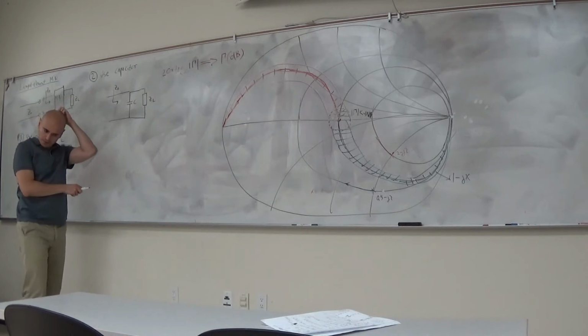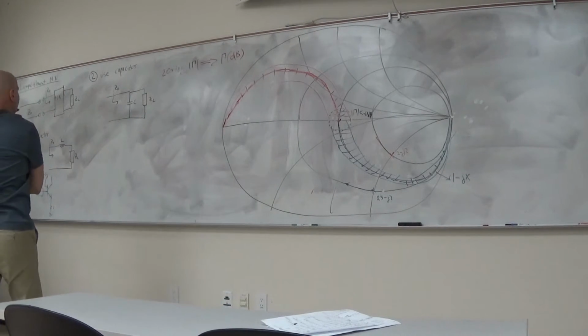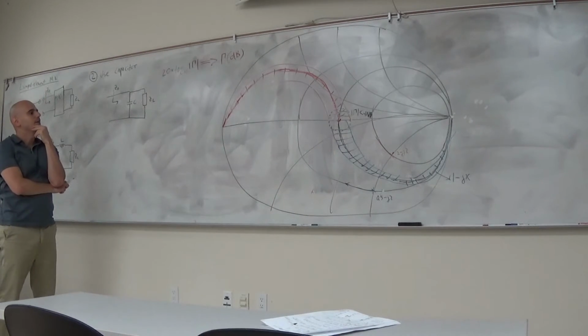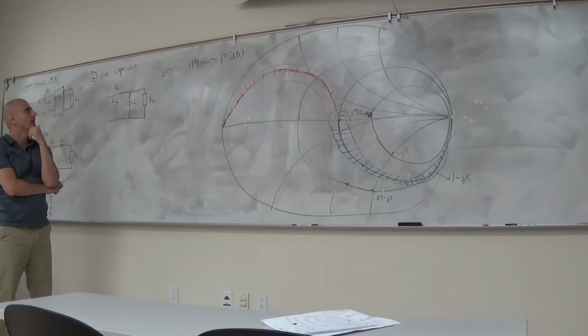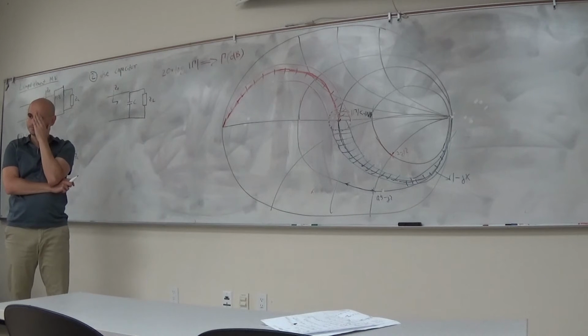So for example, if my gamma is 0.1, then in dB it's minus 20 dB.